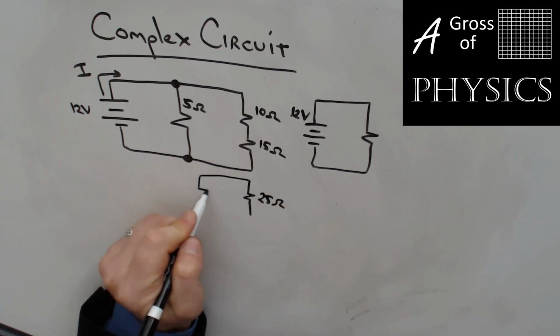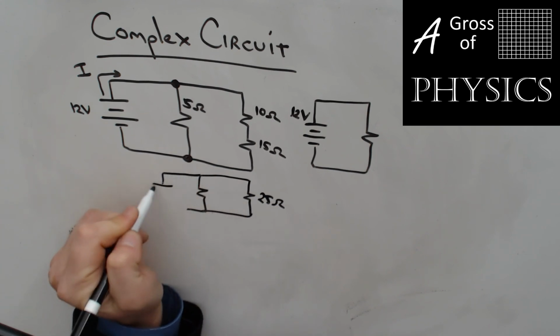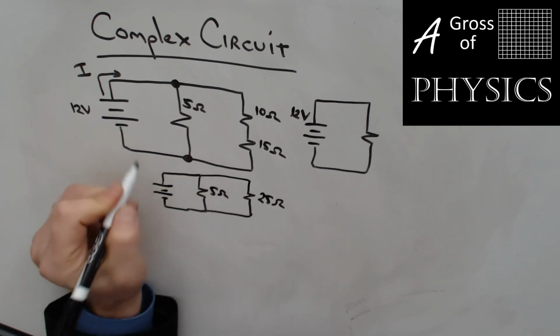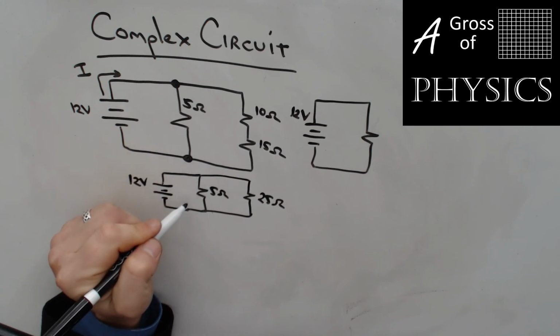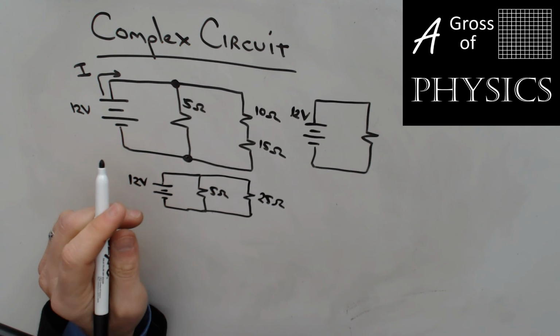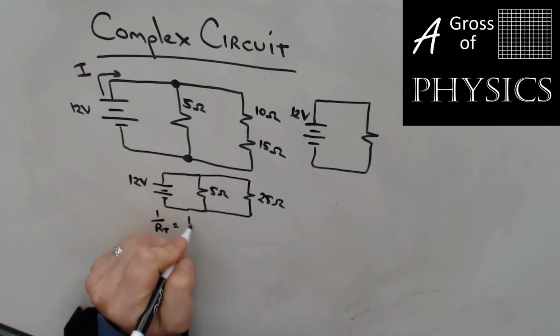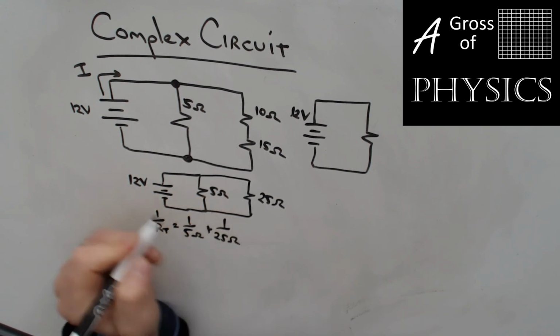So when I do that, I end up getting the following. I have a 5 ohm here, I have a 12 volt here, and this is the first step to simplifying the circuit. Now these two are connected in parallel. So what I can do is 1 over RT equals 1 over 5 ohms plus 1 over 25 ohms.